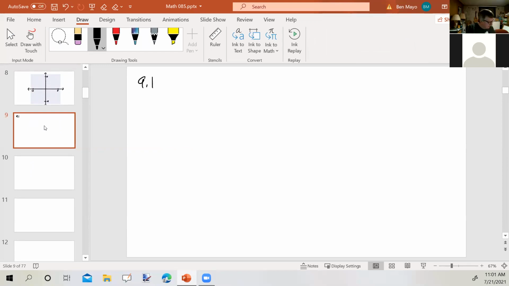All righty. Now, if you take, let's say, the number 3 and you square it, you get 9. If you take the square root of 9, you get back to 3.